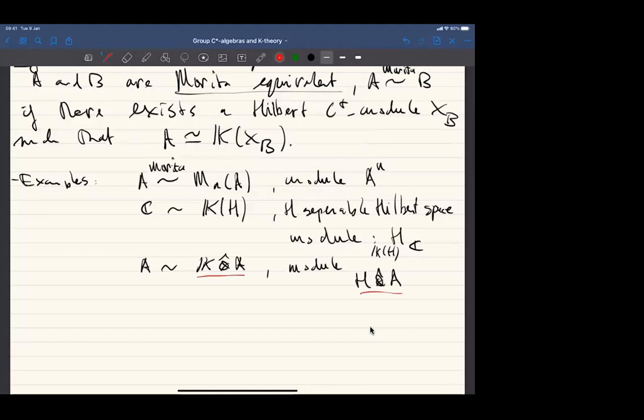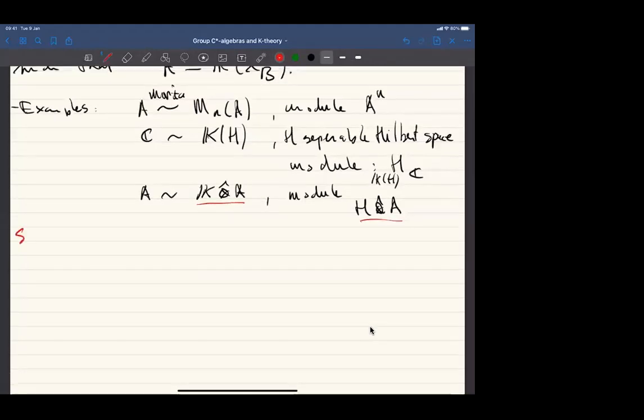So this is not just the algebraic tensor product that you know from ring theory. You need to enlarge them a little bit to get a C-star algebra again. But so you see that this relation is already pretty flexible, and these are sort of abstract examples. Let's comment on the symmetry.